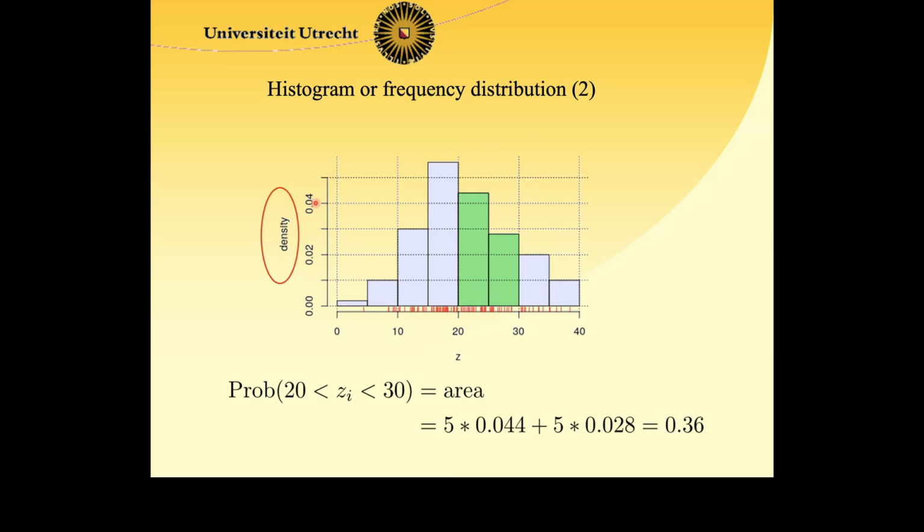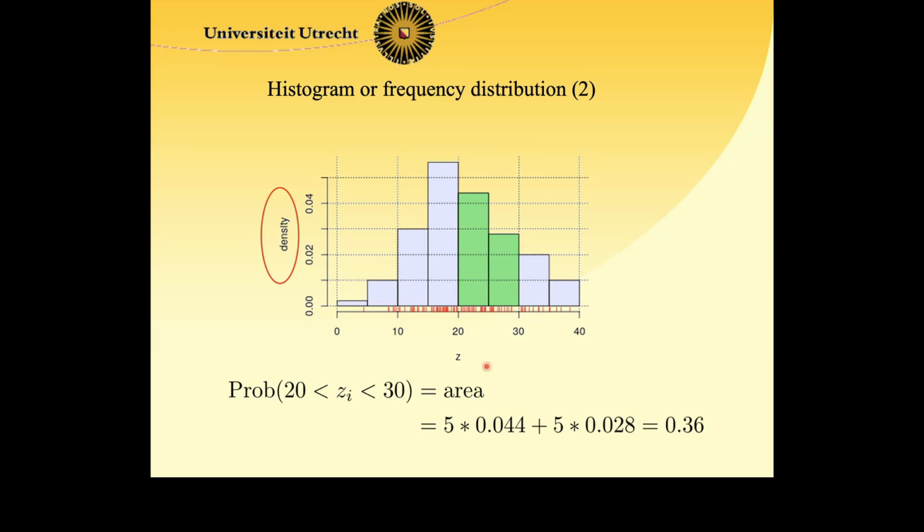If we look at this, we can already get something that resembles a probability. For instance, suppose z are observations of groundwater levels in a field, and you want to know the probability that the groundwater level is between 20 and 30 meters.